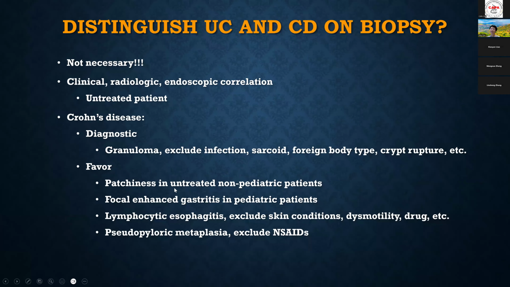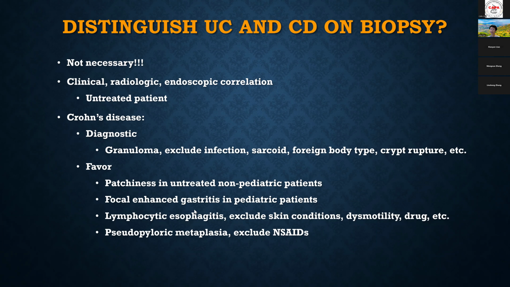So if we see patchiness in an untreated non-pediatric patient, patchiness is a favored feature, right? Or focal enhanced gastritis. In a pediatric patient, lymphocytic esophagitis, believe it or not, is correlated with Crohn's disease.